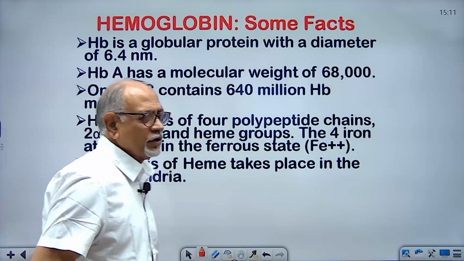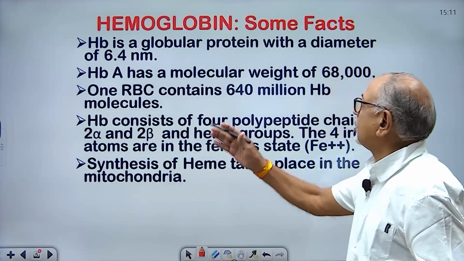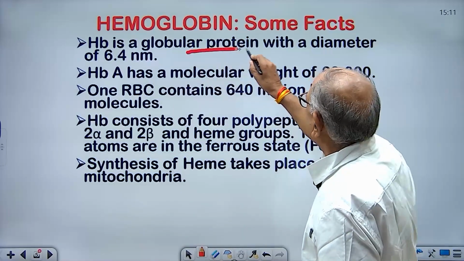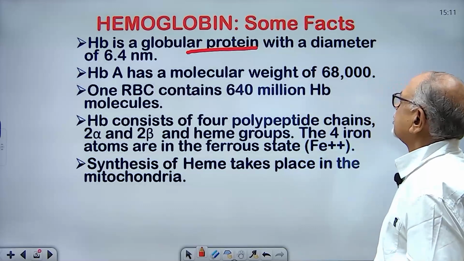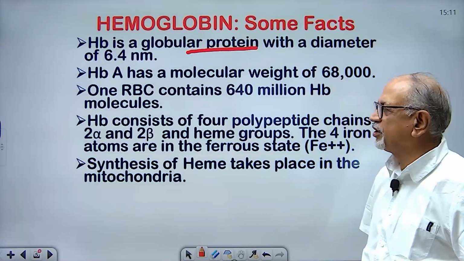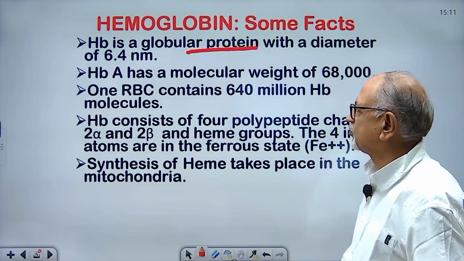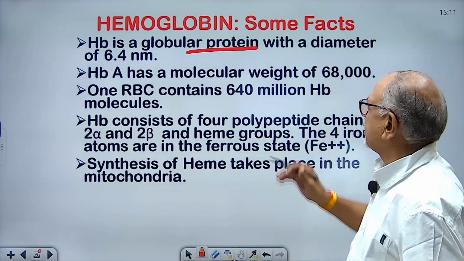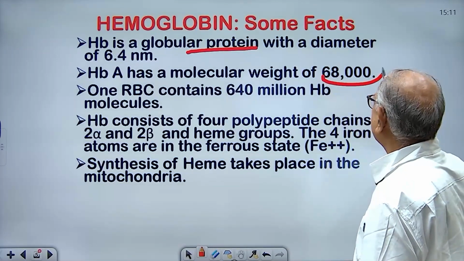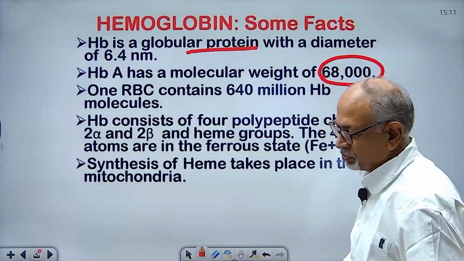Now, hemoglobin is a globular protein with a diameter of 6.4 nanometer. It has a molecular weight of 68,000.